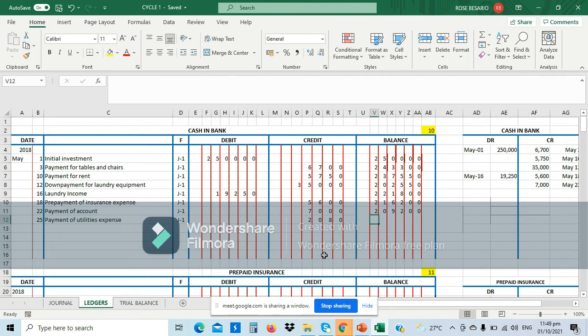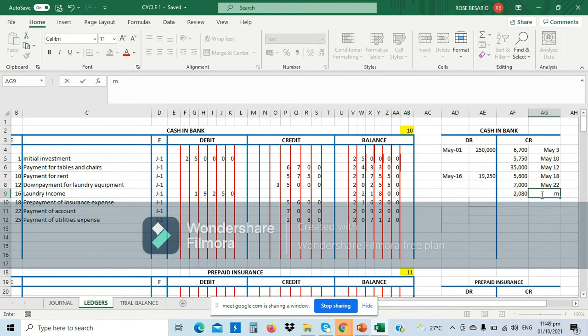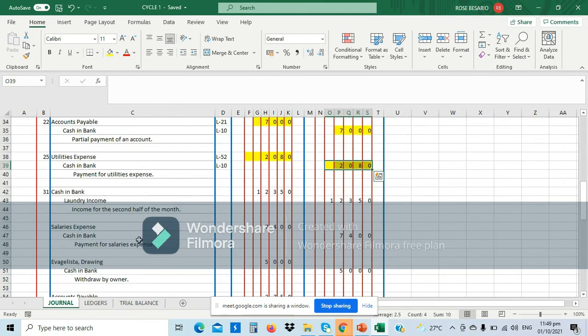So how much now is the balance? 227,200 minus 20,080 is equal to 207,120. Okay, and then in the T account we will post 20,080 on the credit side, May 25. Okay, then go back to your journal.